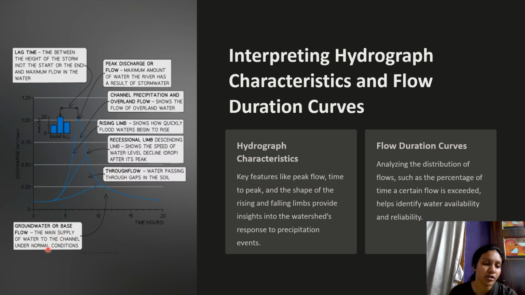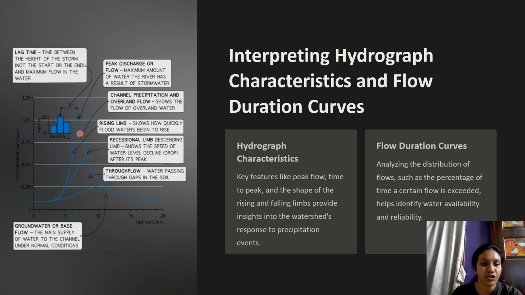So now groundwater or base flow, the main supply of water to the channel under normal conditions. Lag time is the time between the height of the storm, not the start or the end, and maximum flow in the water. Peak discharge of flow, maximum amount of water the river has as a result of storm water. Channel precipitation and overland flow shows the flow of overland water.